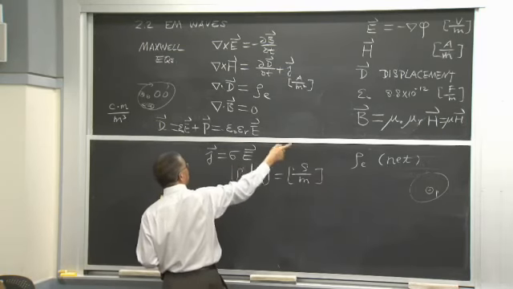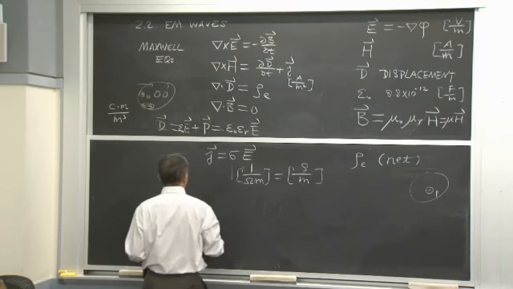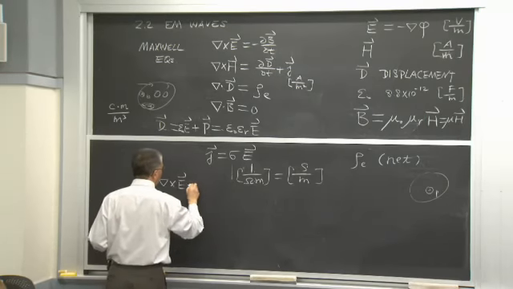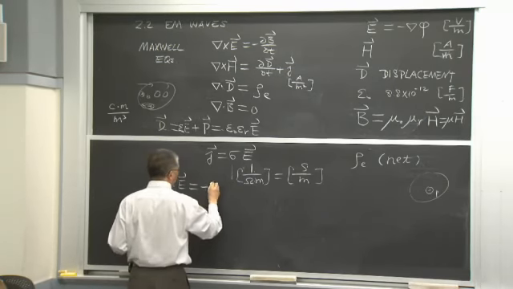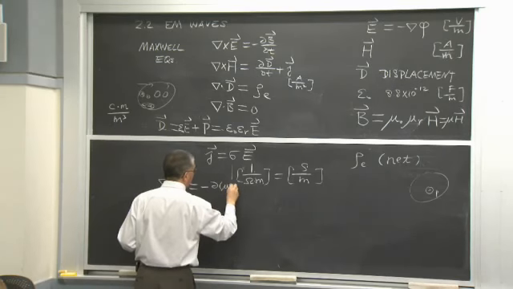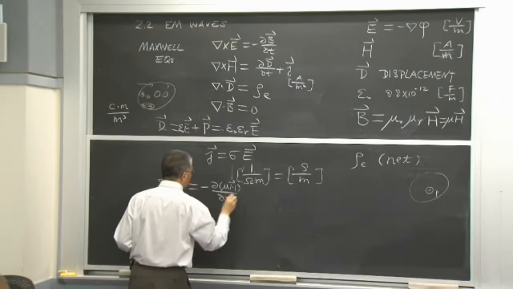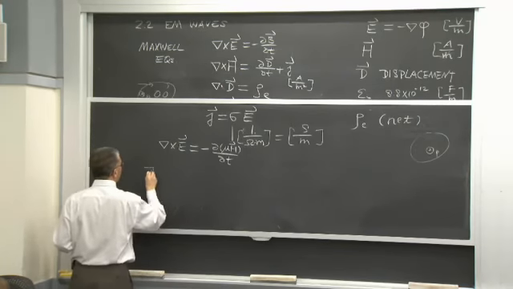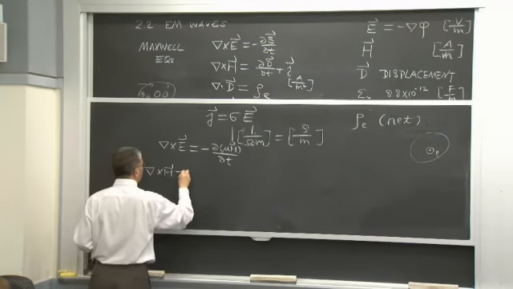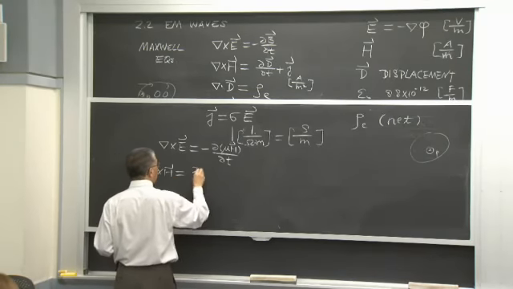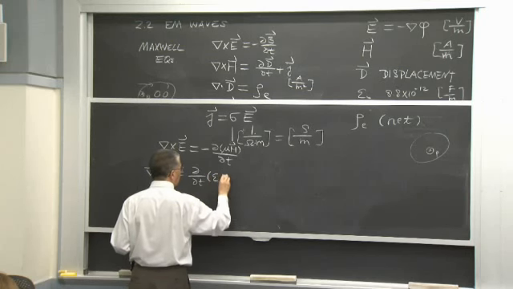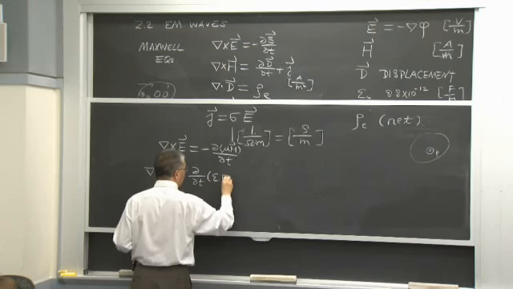And so B equals mu H, so I use the first one. I get the first equation, curl of E equals minus d mu H dt. That's the first equation. And the second equation, I have curl of H equals d dt of epsilon times E.